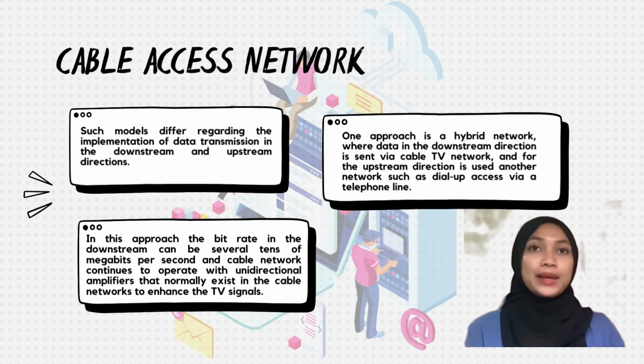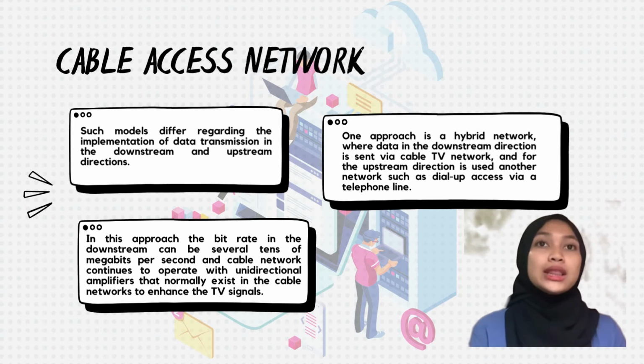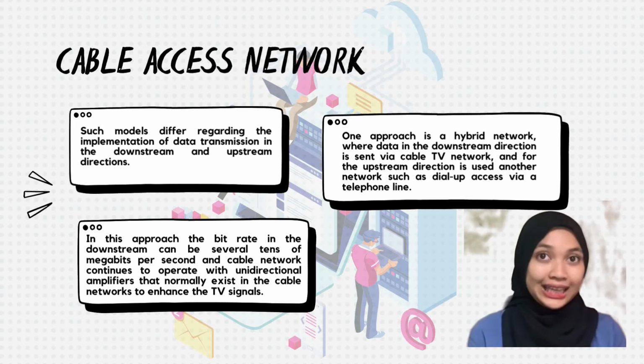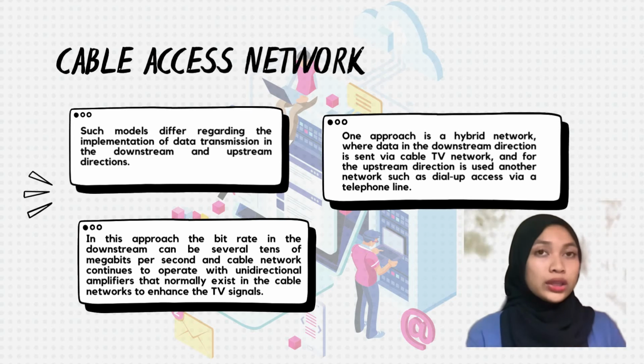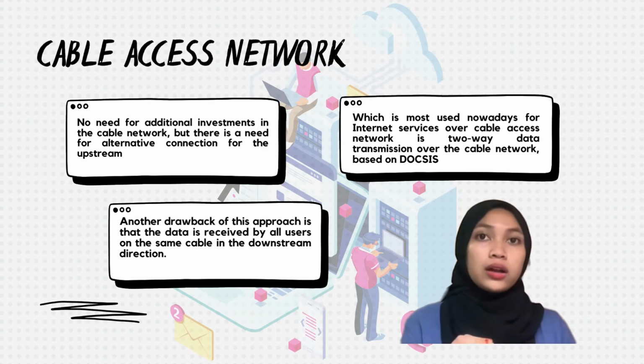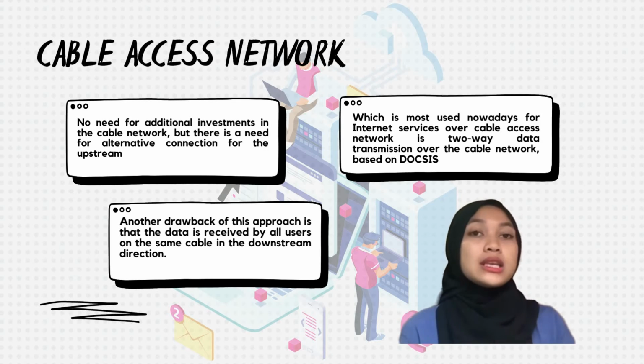With this method, the cable network continues to run with the unidirectional amplifiers that are typically included in the cable network to amplify the TV signal, even though the bit rates in the downstream can be several tens of megabits per second.